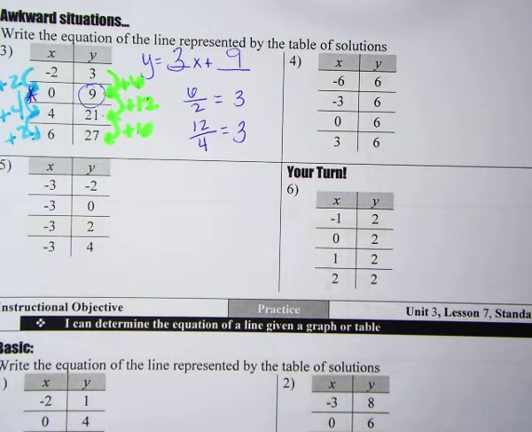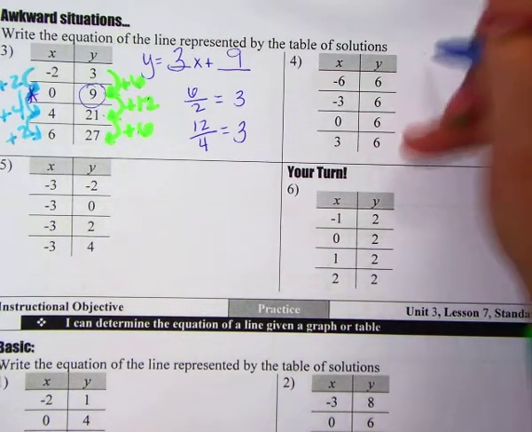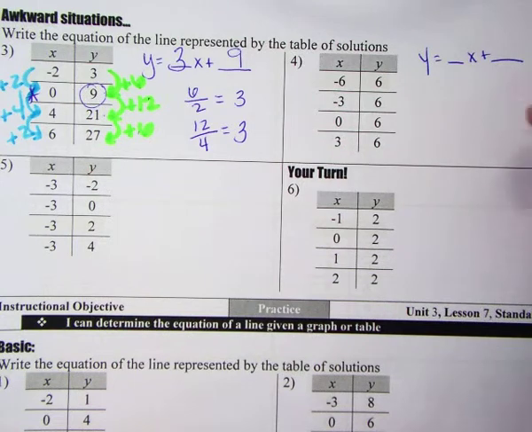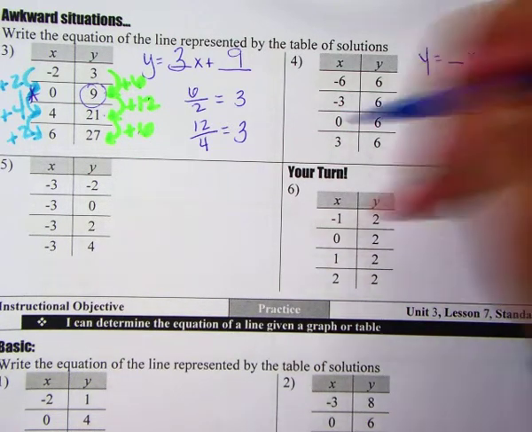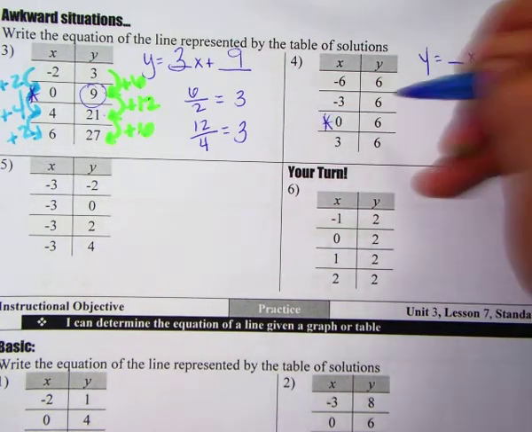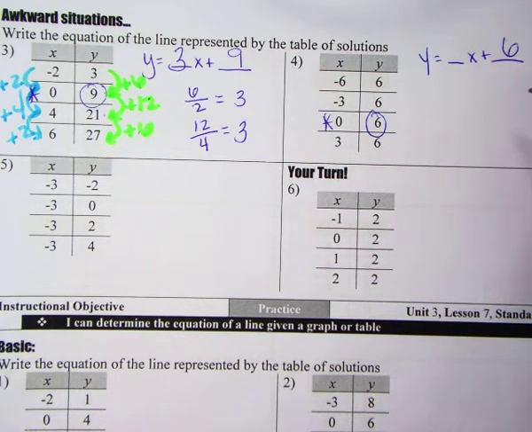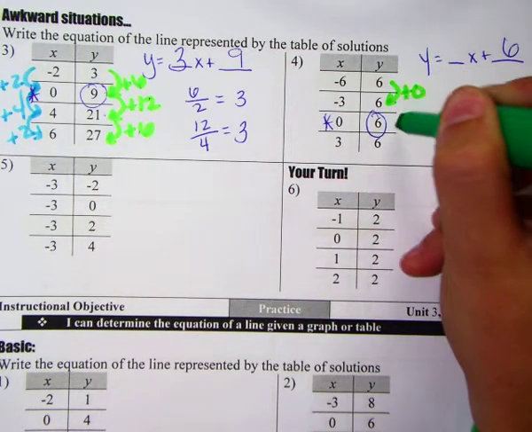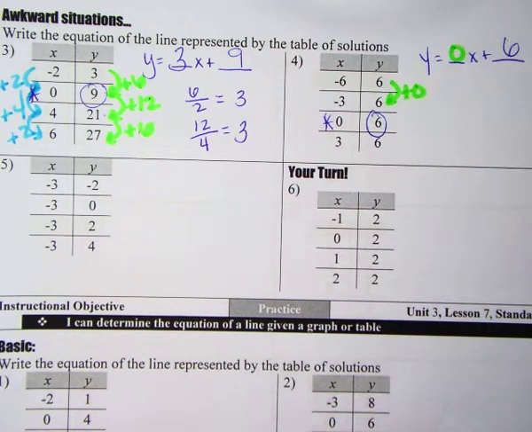Okay. The next awkward situation is this one. We need to write an equation, so I'll write the skeleton. My BFF tells me my y-intercept is 6. Now the change in my y values from 6 to 6, I'm adding 0. I'm adding 0 this entire time.